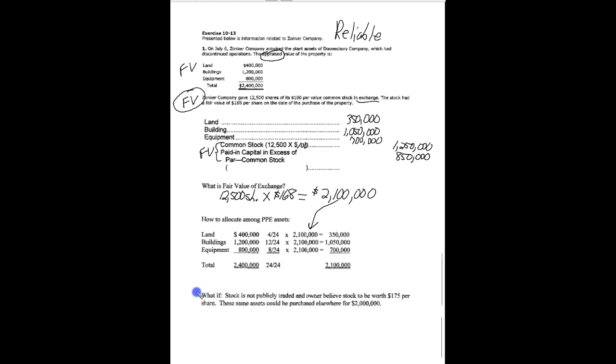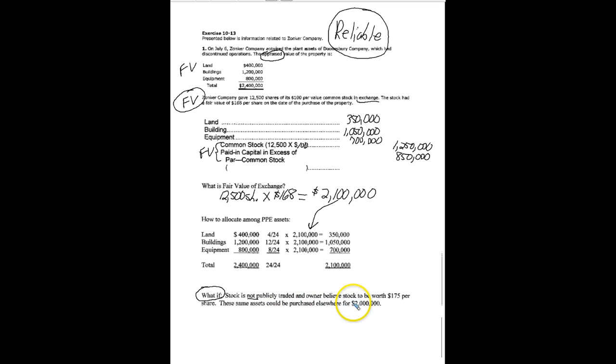Now I want to do a what if. Remember, the key here is that when we have an exchange, we're acquiring property, plant, and equipment in exchange for something. We have to determine fair value in order to measure it, and we have to figure out which fair value is more reliable. So let's say the stock is not publicly traded, so it's not sold on a stock exchange.